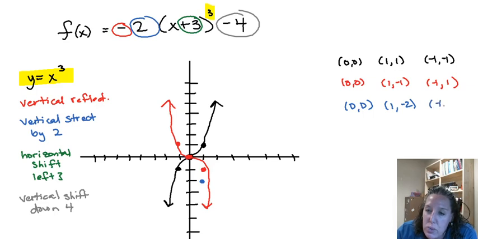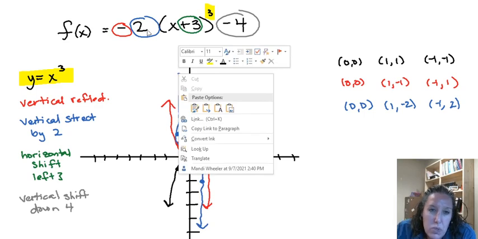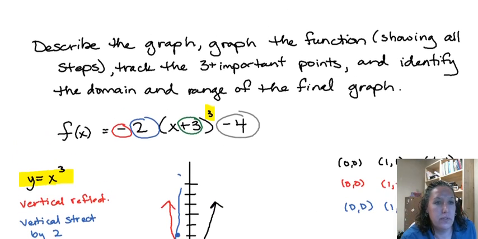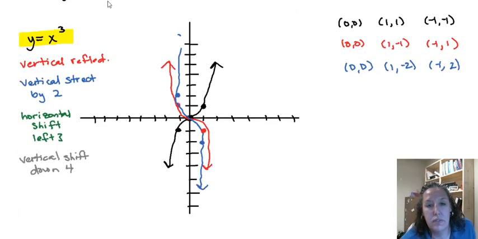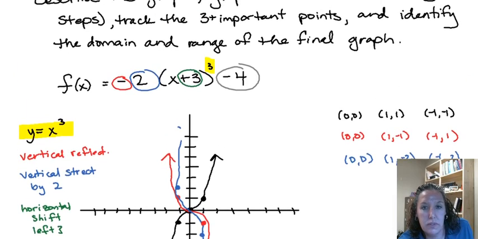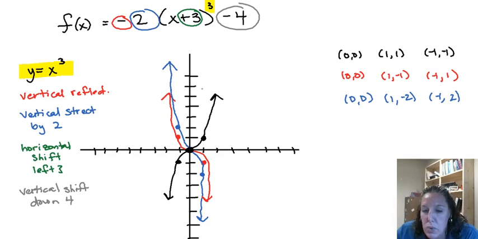All of these transformations so far have been vertical changes, so our x values are not changing, only the y values. Our graph is going to be twice as tall, but our x values will stay the same.